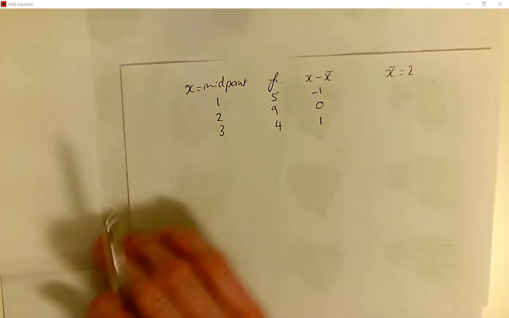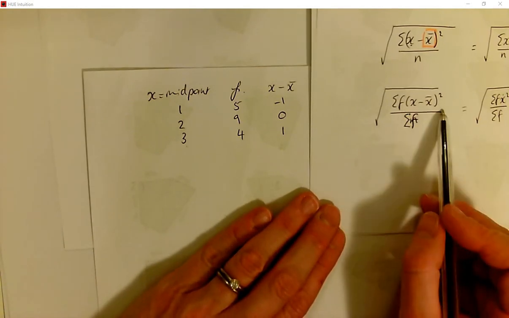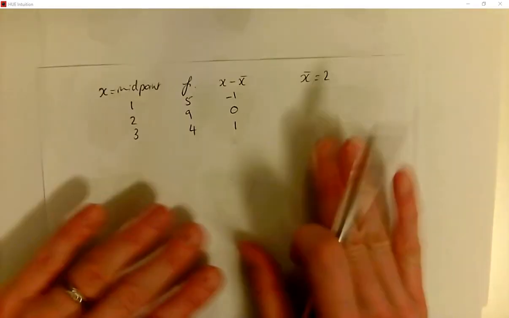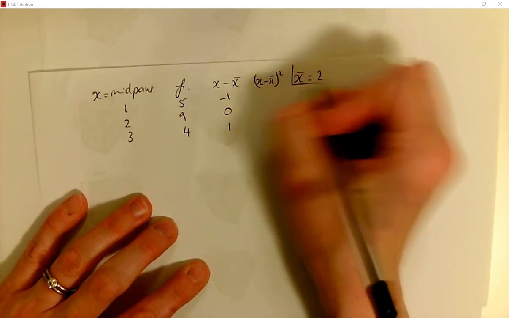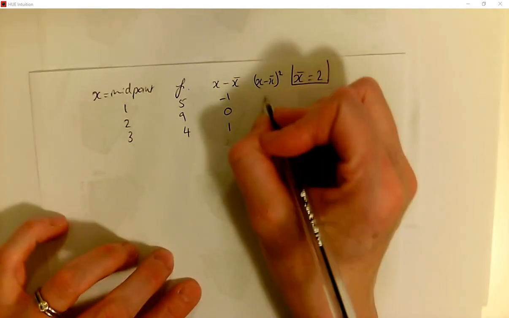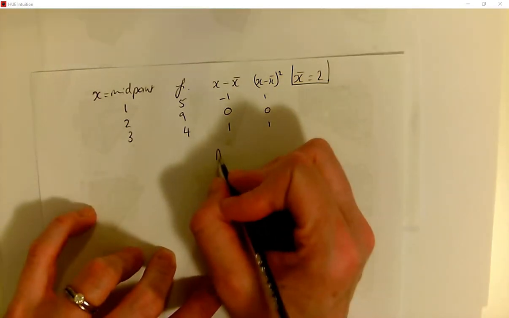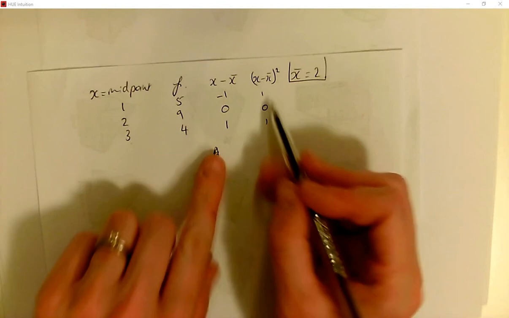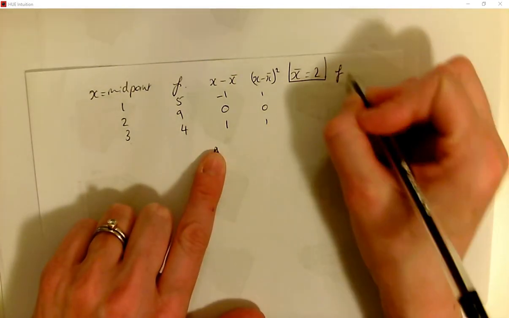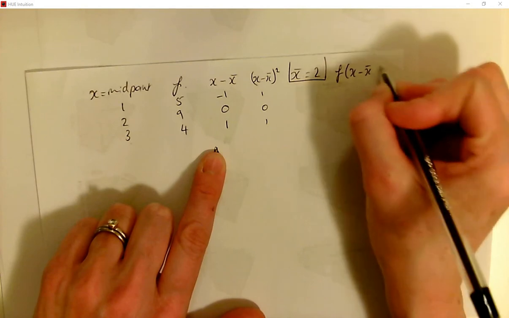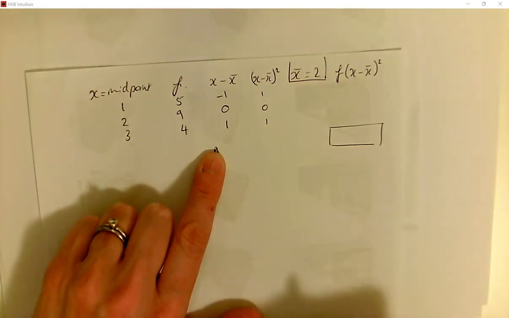And then our formula tells us to square those. So we square them. Okay, so 1, 0, 1. Alright, then we average them. So in order to average those, when we've got a frequency table, we need to do f times (x minus x bar) squared, and then we're going to add those up and divide by how many there are.